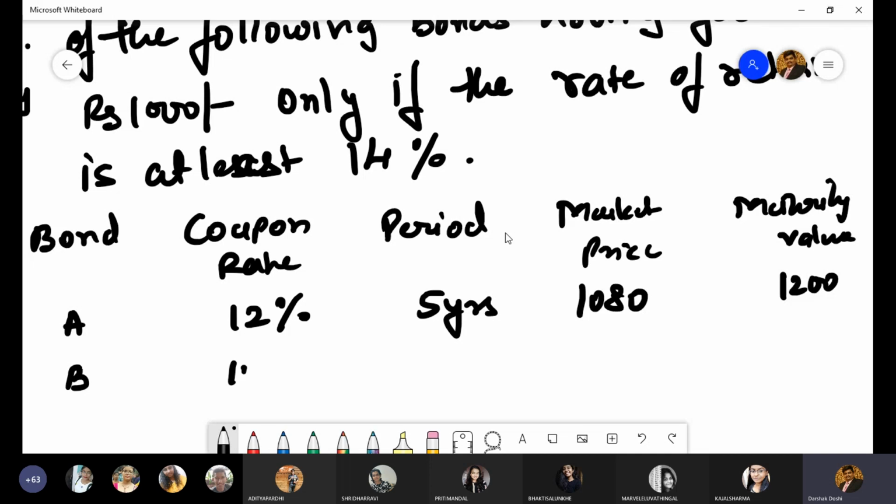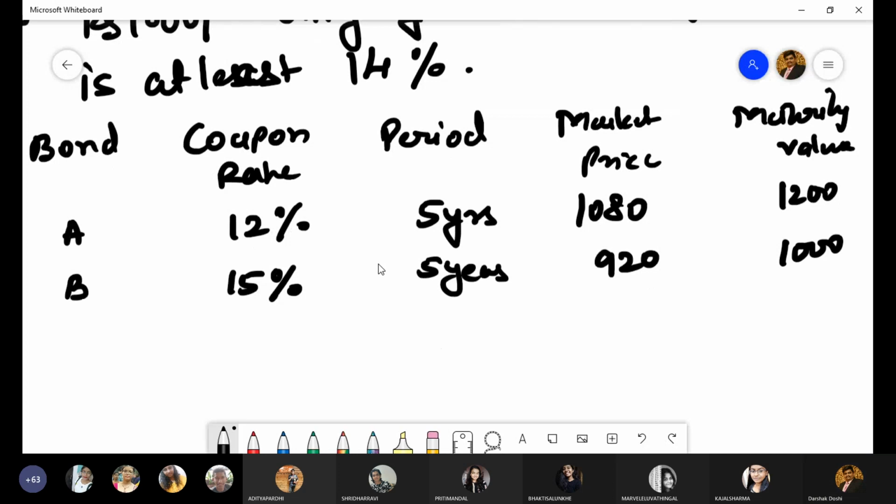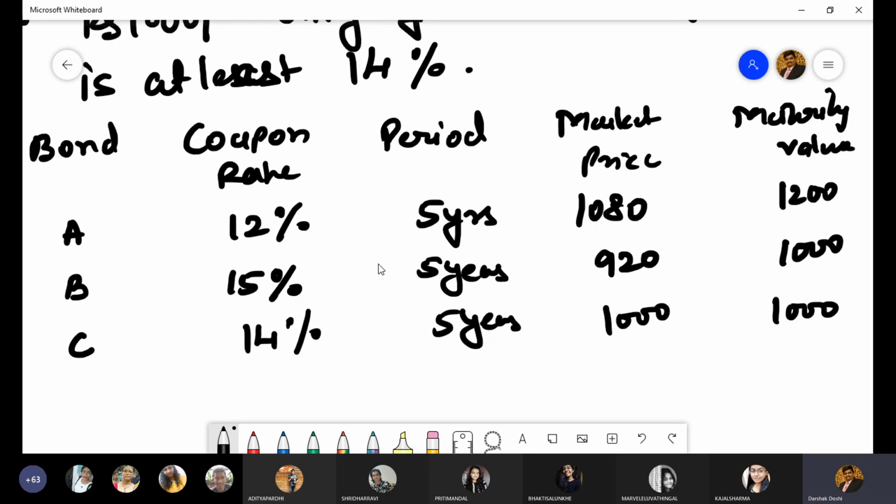Bond B, 15%, period 5 years, market price 920, maturity value 1000. Bond C, 14%, 5 years, 1000.